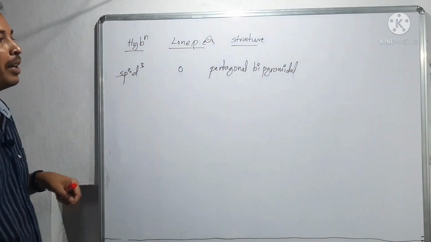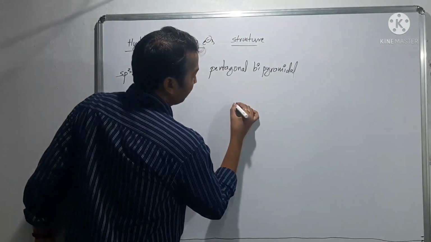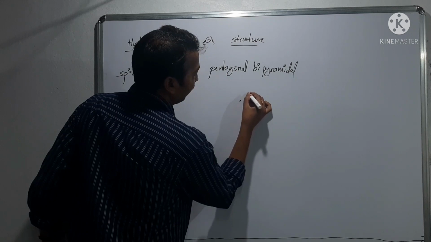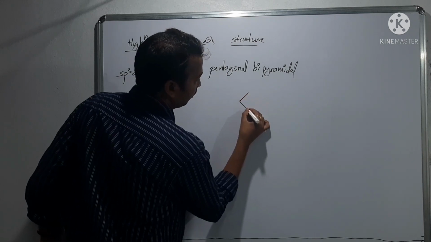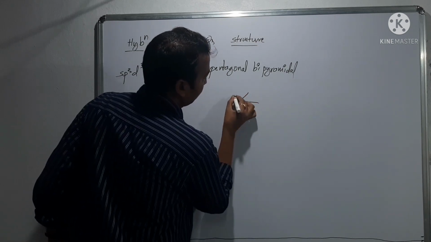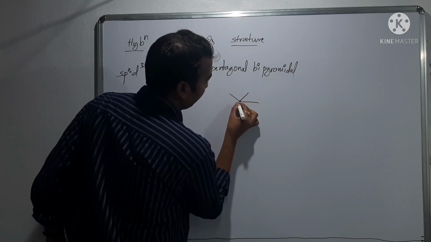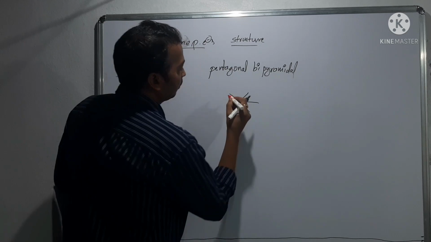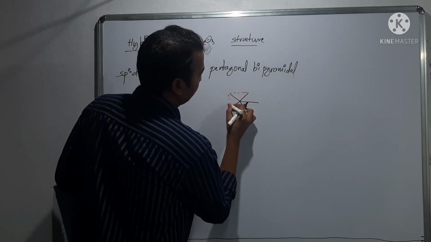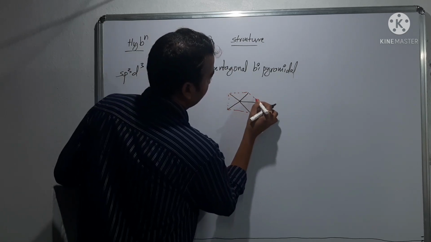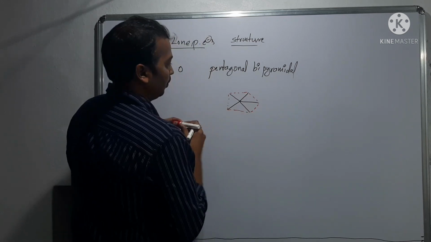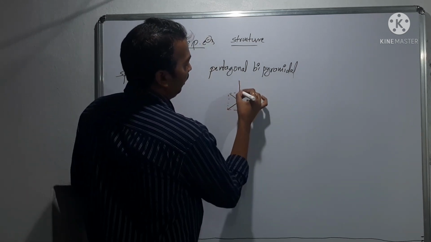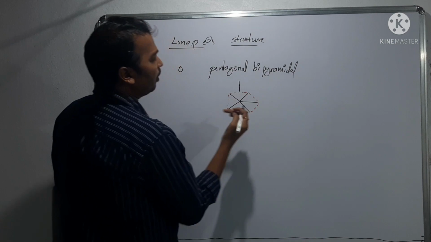Pentagonal bipyramidal structure can be written like this: central atom, it has 5 corners, and 2 bonds are above and below the plane.